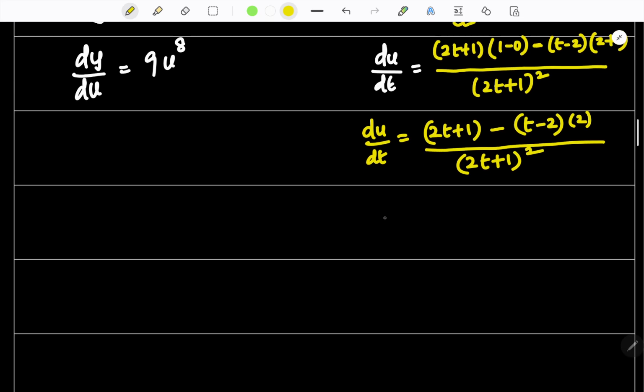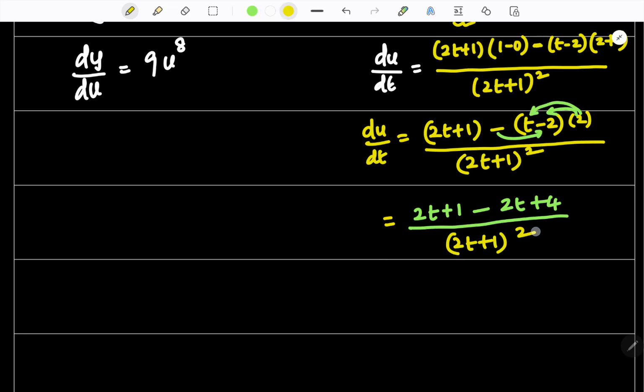So let us simplify the numerator first. (2t + 1) minus 2 into t is 2t, 2 into 2 is 4, minus minus gives plus 4, divided by (2t + 1) squared. Now 2t cancels, and 4 plus 1 is 5. So it is 5 divided by (2t + 1) squared. Clear, all of you?